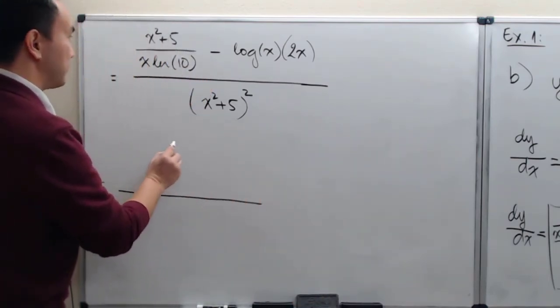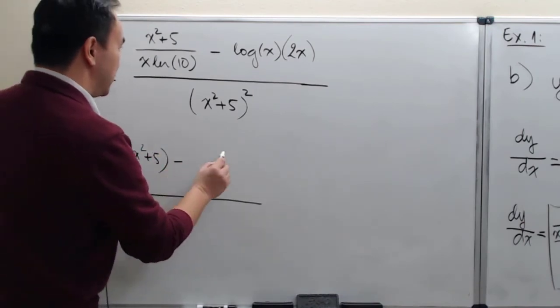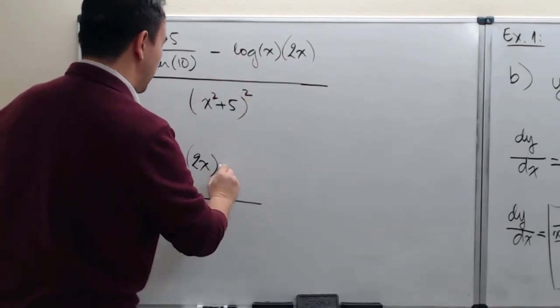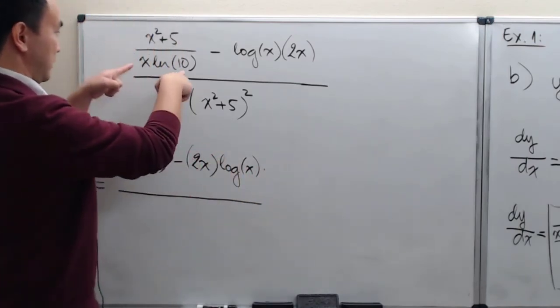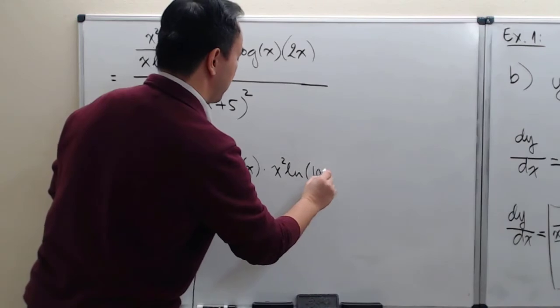So we're looking now at x squared plus 5 minus, and I'm going to put the 2x in front of that term. It's a little easier for me to keep track that way. But now I'm going to need to multiply all that with the extra x times natural log of 10.